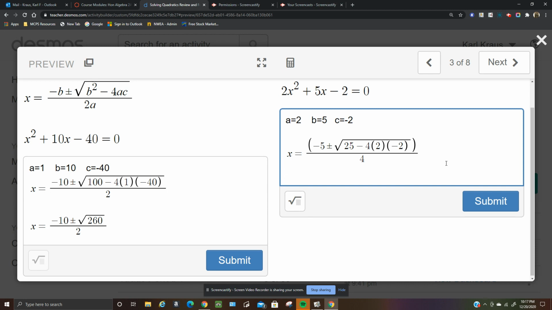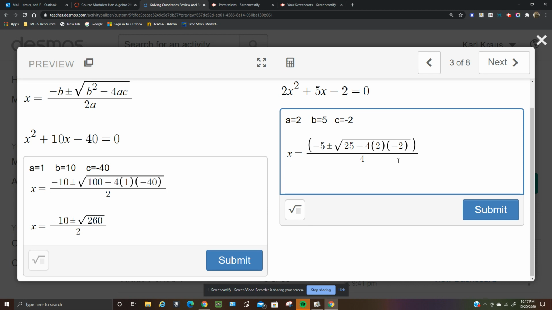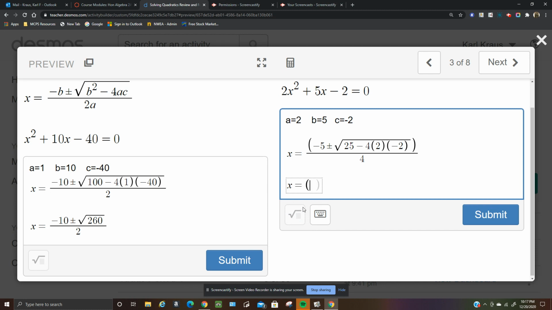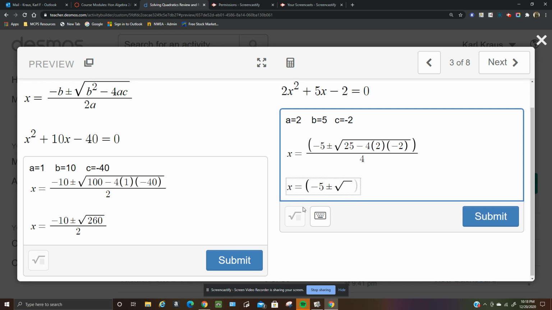And just simplify what's under the radical to finish. X equals negative 5 plus or minus the square root of 25 plus 16, since negative 4 times 2 is negative 8 times negative 2 is 16. 25 plus 16 would be 41, divided by 4.